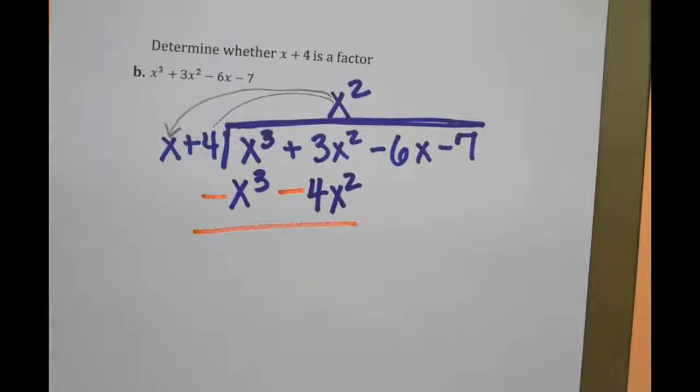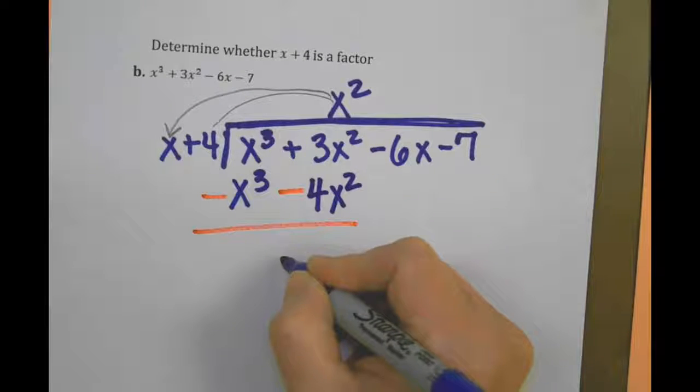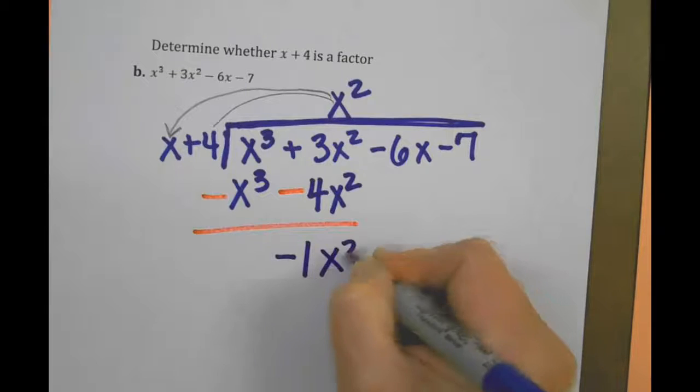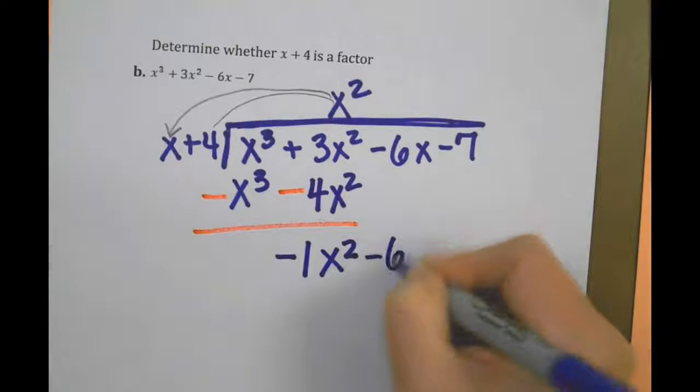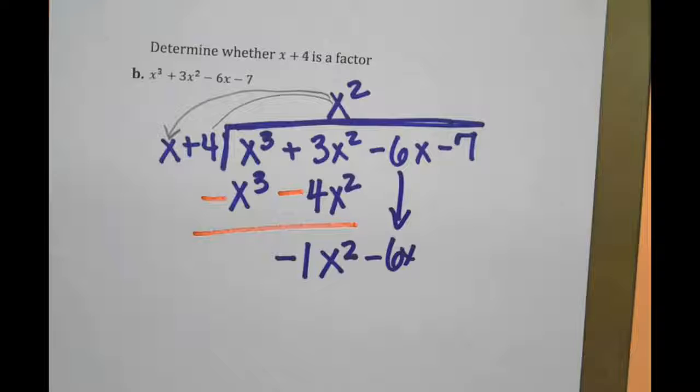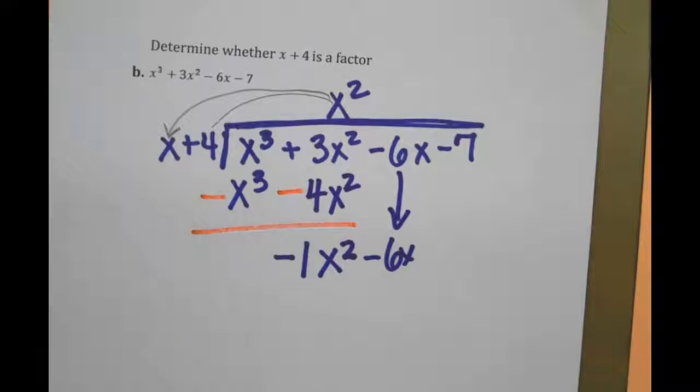The x to the third powers cancel out, and this is going to be minus 1x squared. Bring down the next term. What am I going to need to multiply the x by so it's going to equal negative 1x squared?